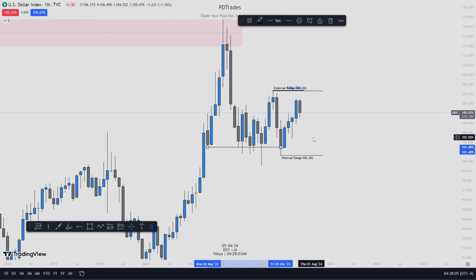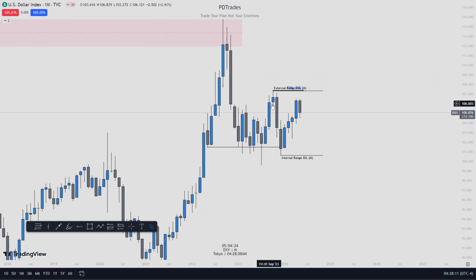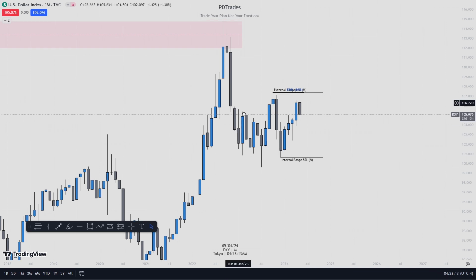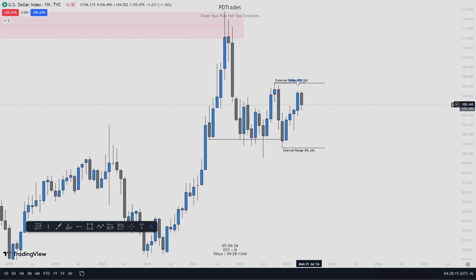Now, this is where we are right now, right? The dollar has been consolidating for the past few months, but since January, the dollar has been bullish. You see that?